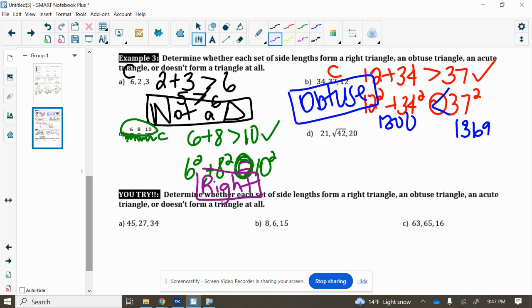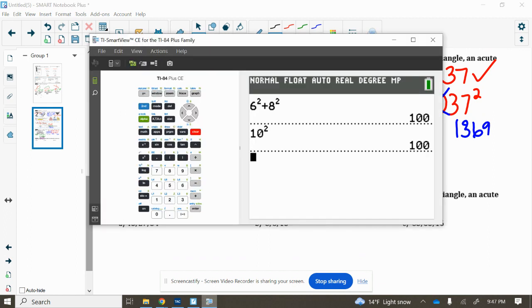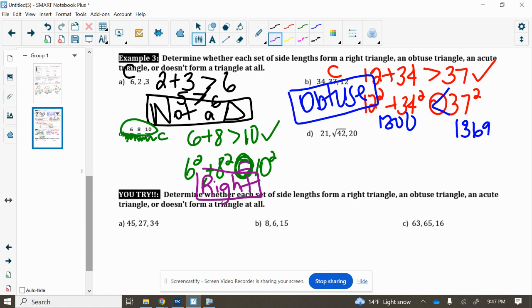Last but not least, we want to check out, again, A, B, and C, which is the biggest. Now, in case we were wondering, square root of 42 is only about 6.5. So that's actually our smallest side. This time that means C would be our biggest side. And if we add 20 plus square root of 42, which is again about 6.5, that is going to be bigger than our C side. So this is a triangle.